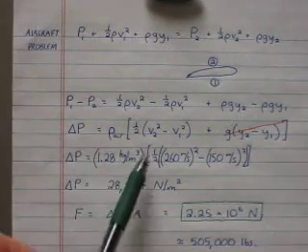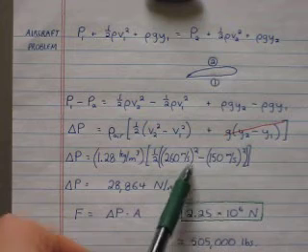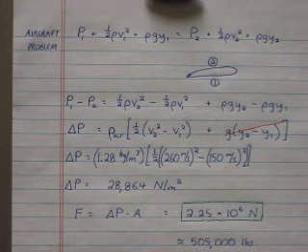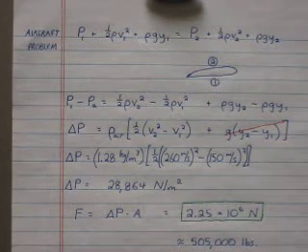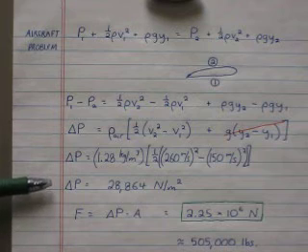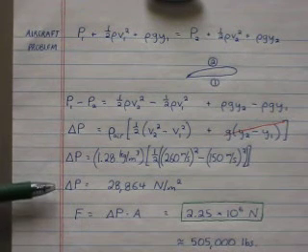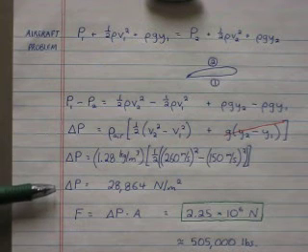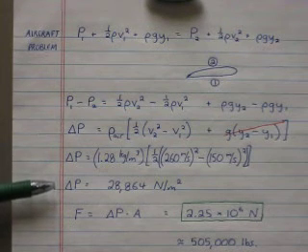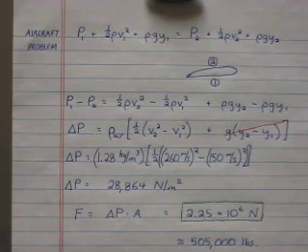The density of the air times 1/2 times the difference of the squares of the speeds. So we get a difference in pressures. P1 is greater than P2, or P1 minus P2 is 28,864 pascals, or newtons per meter squared.